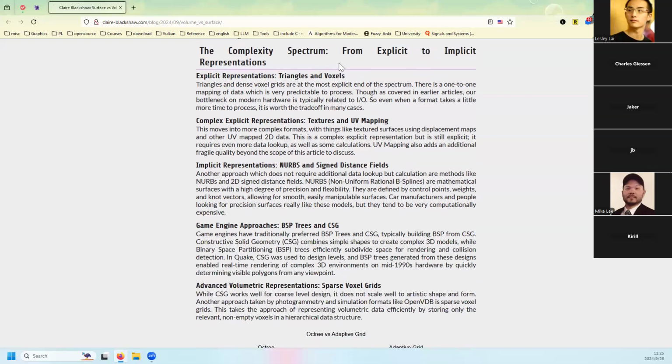Complexity spectrum from explicit to implicit representations. So yeah, explicit like triangles and dense voxel grid. And mapping of data, bottleneck of modern hardware is typically related to I/O.